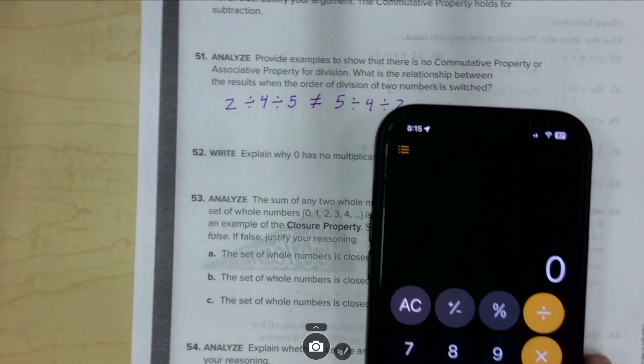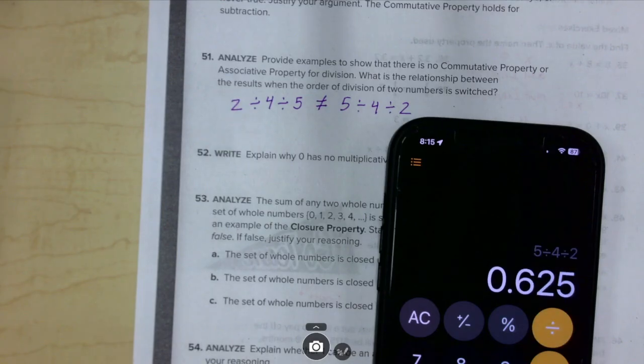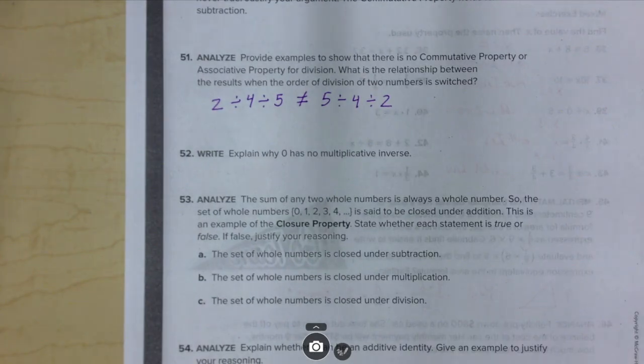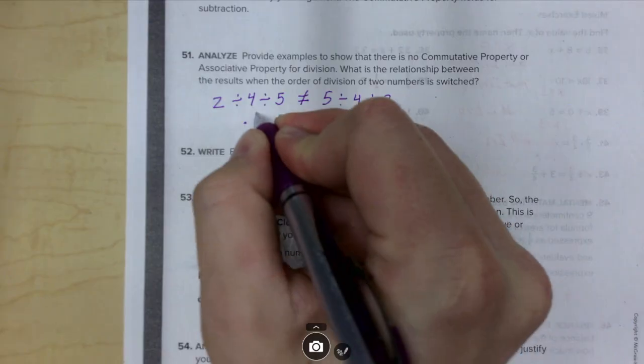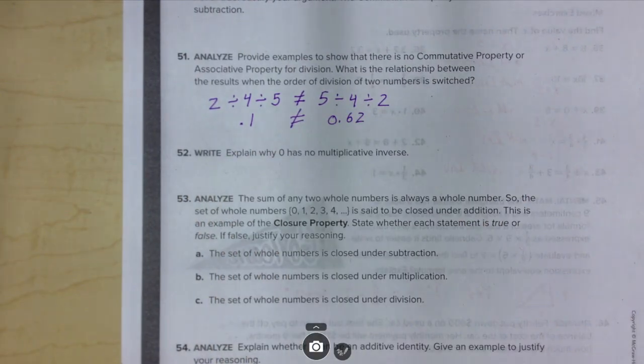Calculator. 2 divided by 4 divided by 5, 0.1. 5 divided by 4 divided by 2, 0.62. Those two are not equal.